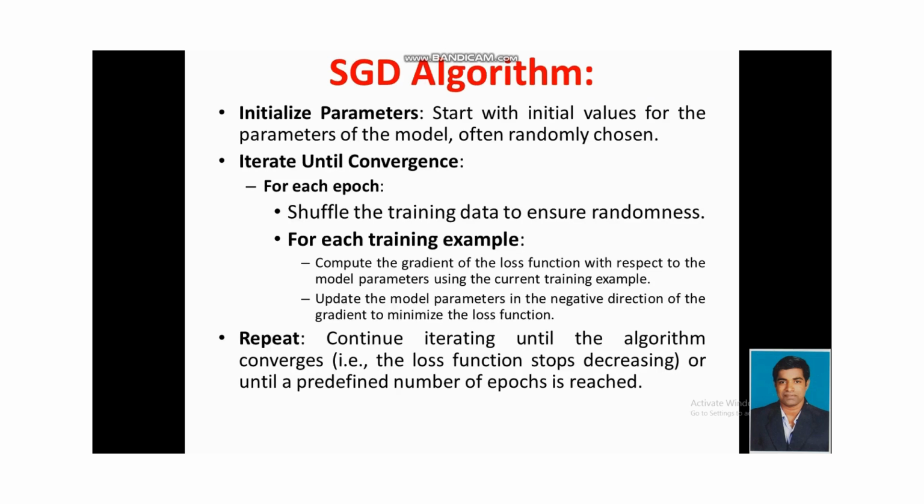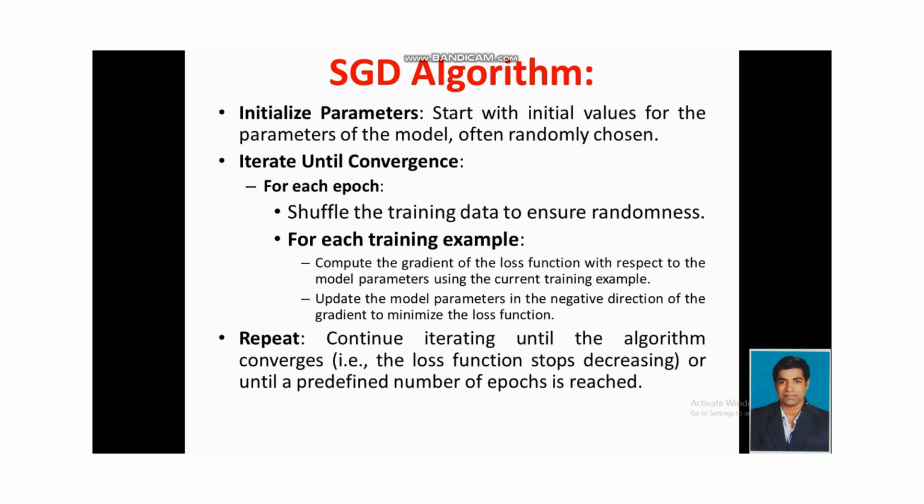The SGD algorithm: initialize the parameters, starting with initial values for the parameters of the model, often randomly chosen. Iterate until convergence. For each epoch, shuffle the training data to ensure randomness.